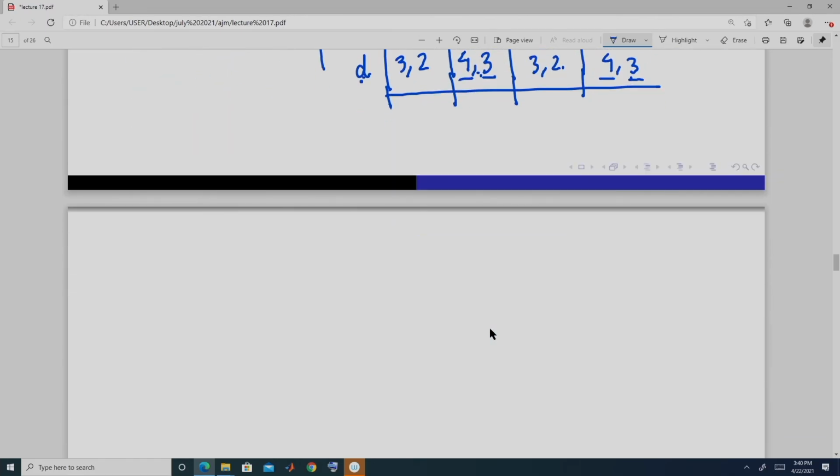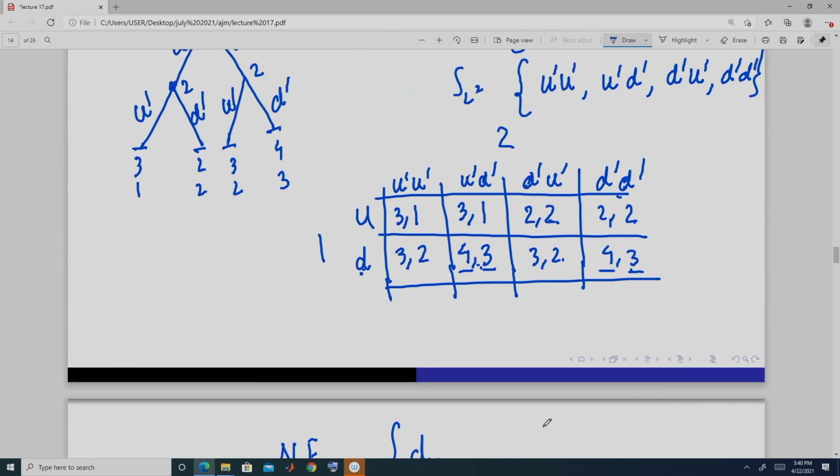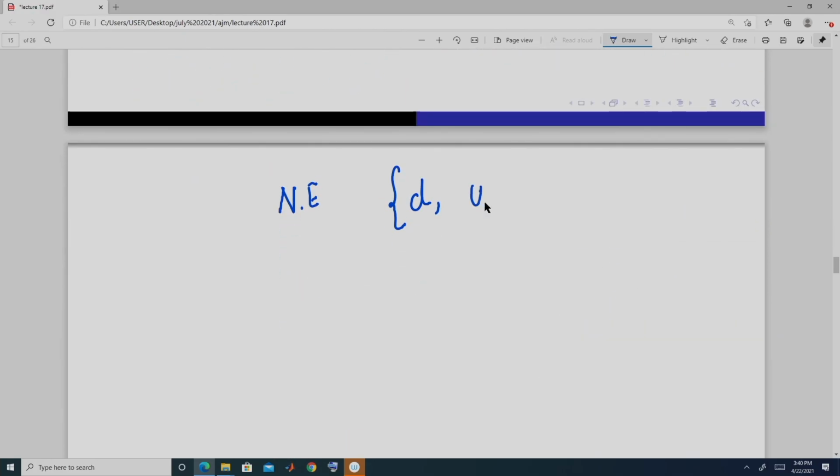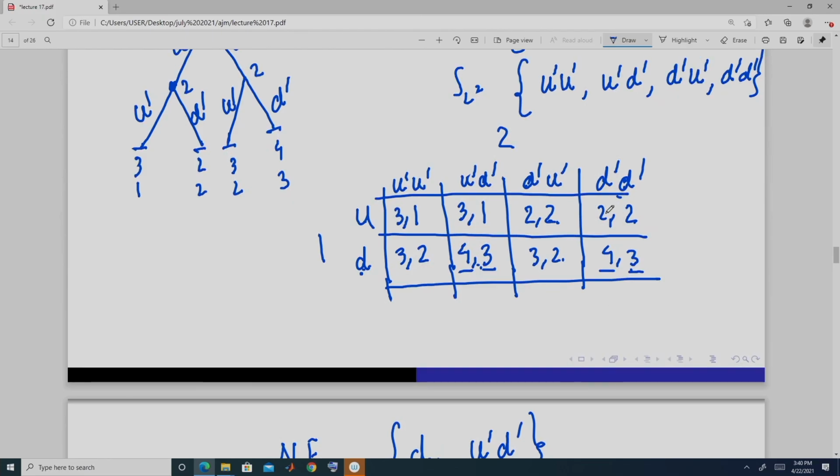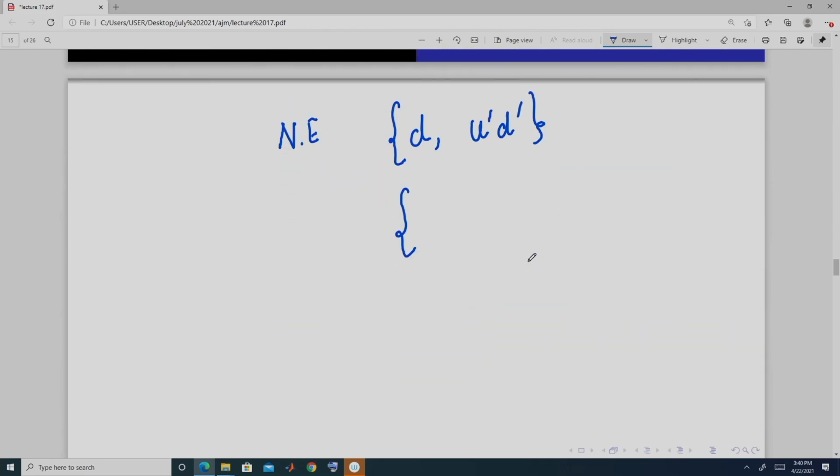So, the pure strategy Nash equilibria are D and U'D', and again D and D'D', right. Yes.